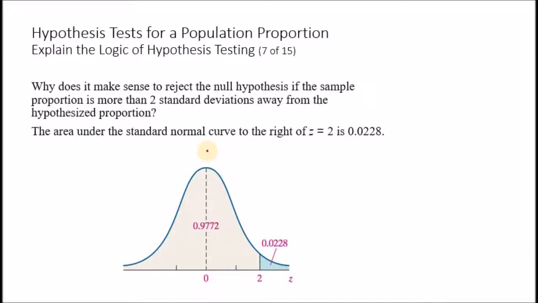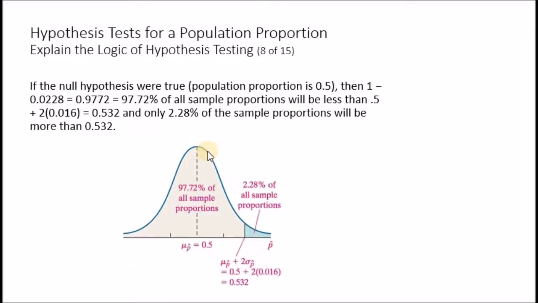See that the area under the standard normal curve to the right of z equal to 2 is 0.0228.